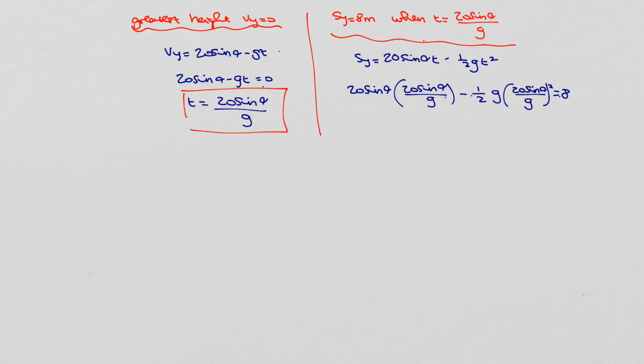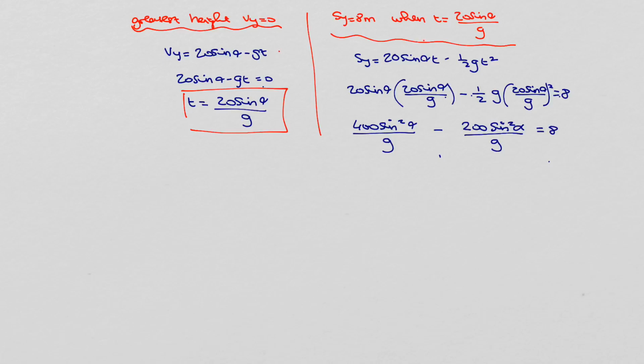And then sine by sine, which is going to be sine squared alpha, and that's all over g. And then we have minus, and again 20 squared is going to be 400, and if I divide that by 2, I get minus 200 sine squared alpha, and then that's times g over g squared. So of course g goes into g squared once, and that will equal 8.